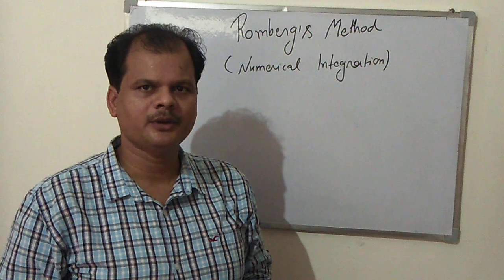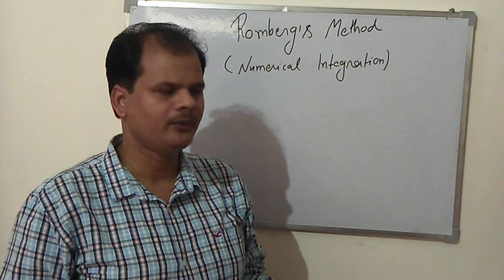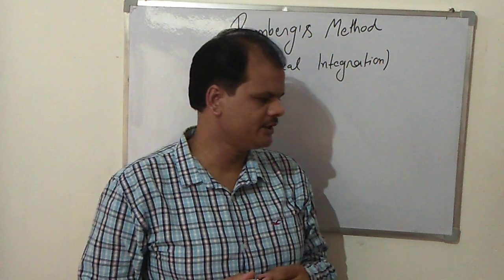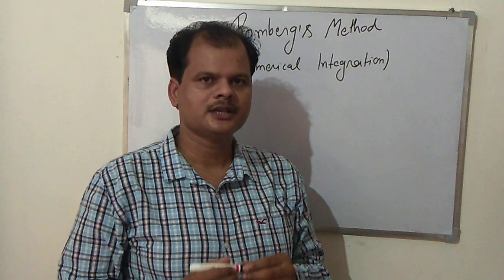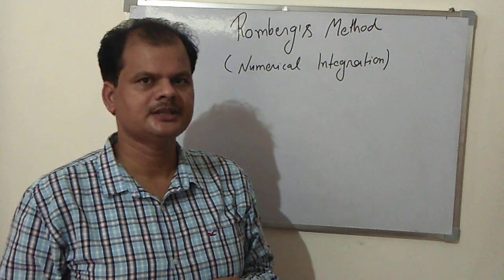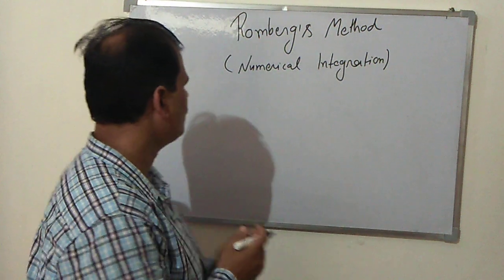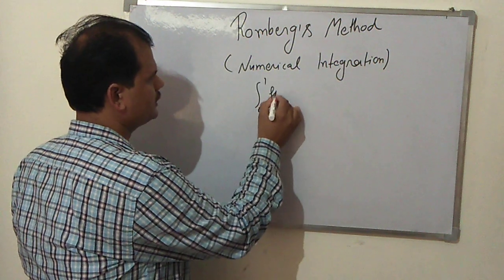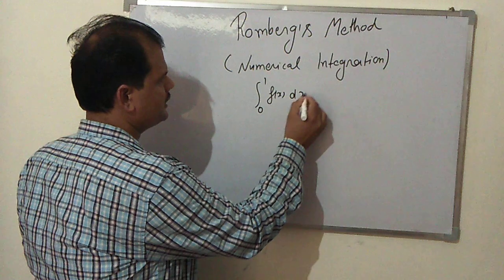Actually, this is an iterative method to find the numerical integration, and this method can be stopped when two successive values are very close to each other. Now, suppose we have an integration from 0 to 1 of f(x) dx.